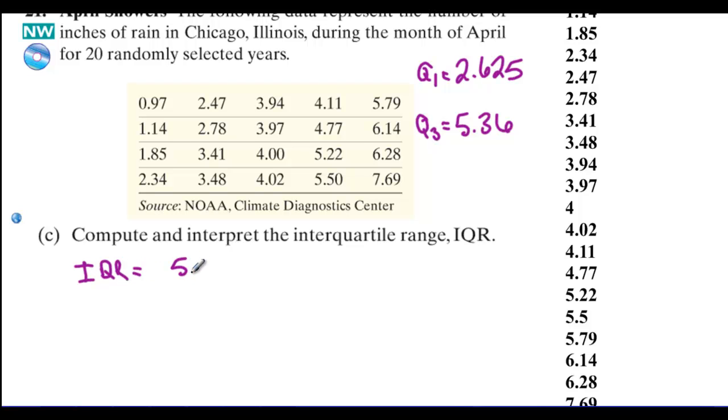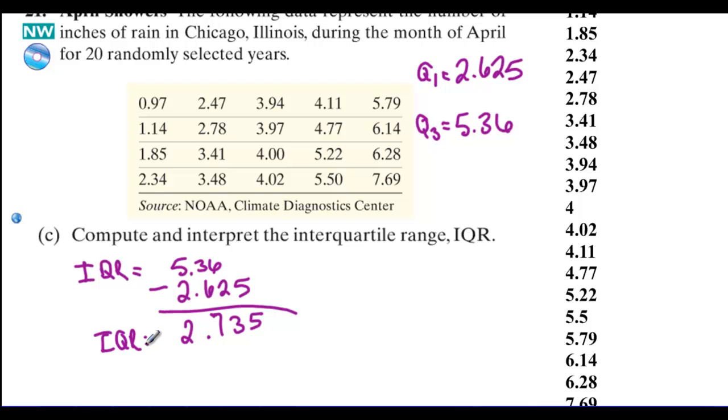So we're going to have that 5.36 minus that 2.625. And our IQR is going to be 2.735. So what that means is that the middle 50% of the data are within 2.735, in this case inches, of each other.